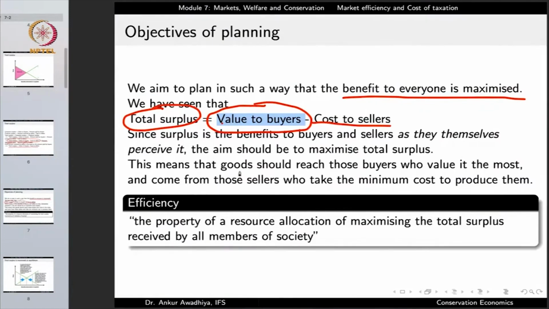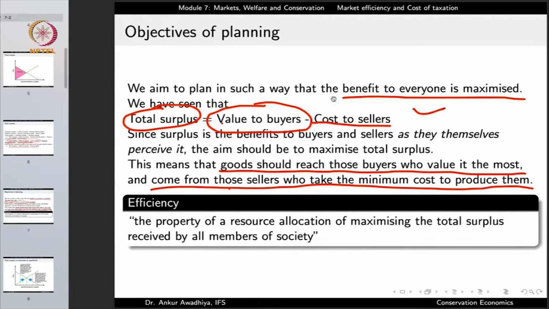That is, the goods should reach those buyers who value it the most. At the same time, it should come from those sellers who take the minimum cost to produce them. Because in this equation, when the cost to the sellers is reduced, then the total surplus increases. And which is what the objective of planning should be.